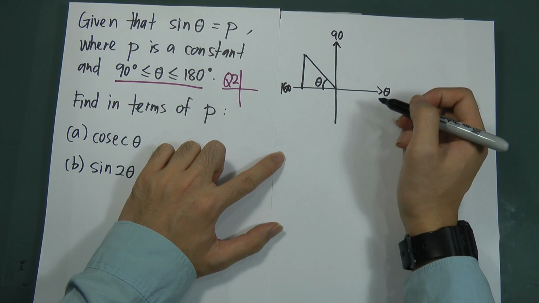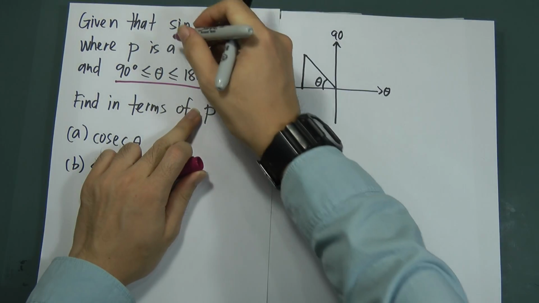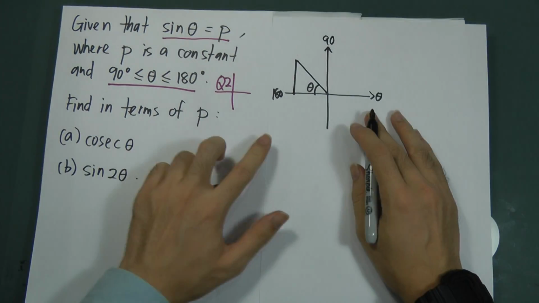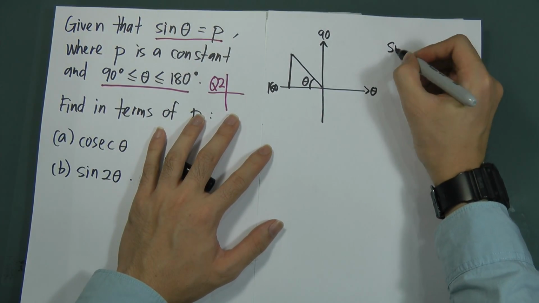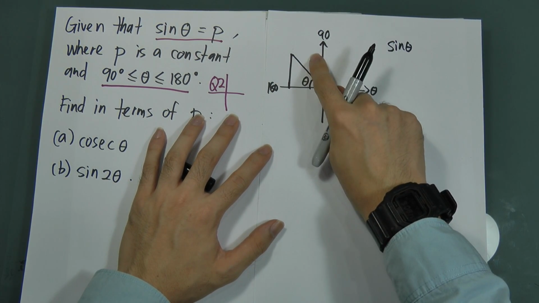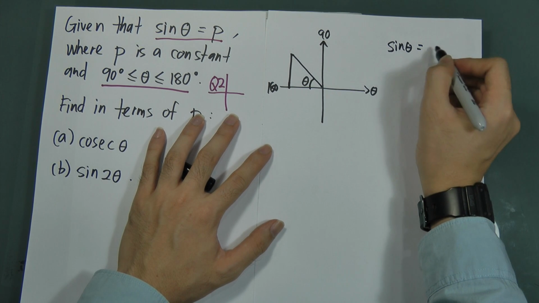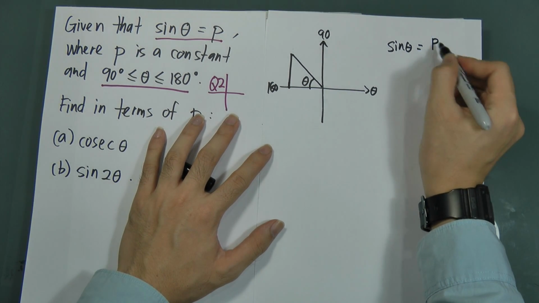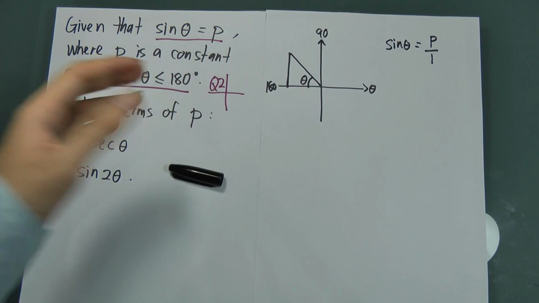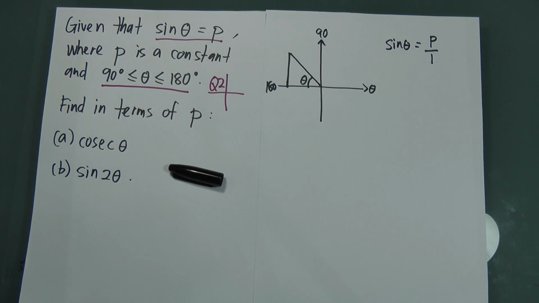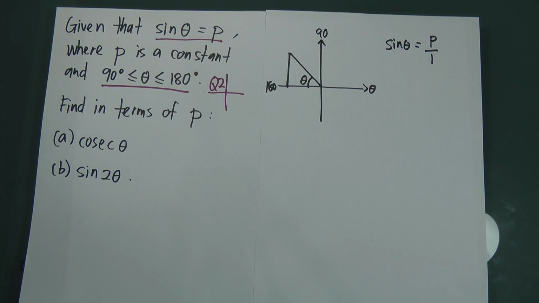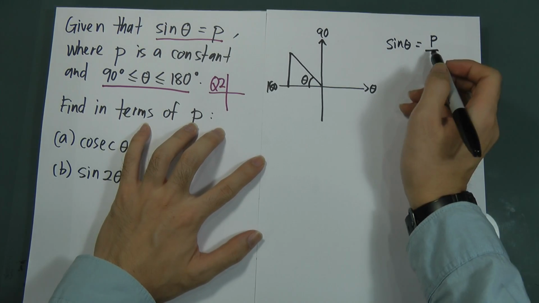Now the other very important information: what is the meaning of sine angle equals P? We know sine angle is opposite over hypotenuse. Equal to P means P over 1, because P over 1 is P. Every number over 1 gives back the same number. So P over 1 is P, so this makes sense, correct or not?